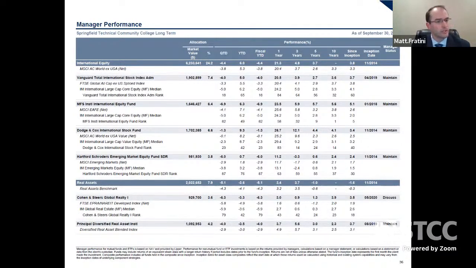And then within real assets, we had one other status change, and that is within Cohen & Steers Global Realty. If you remember when we talked about this strategy a couple of quarters ago, it has a 2 portfolio manager structure. They are slightly changing this.